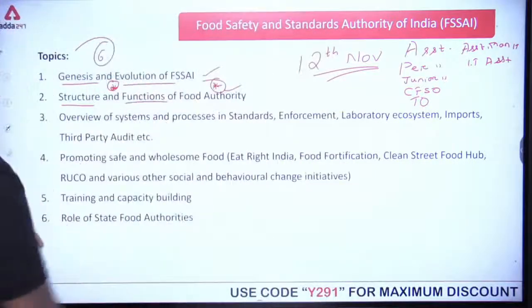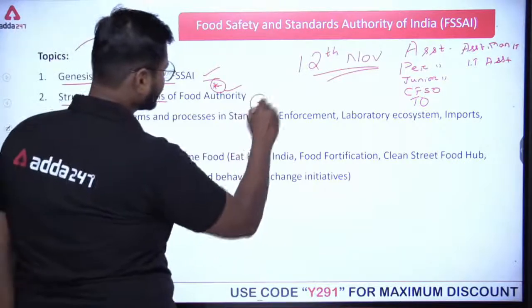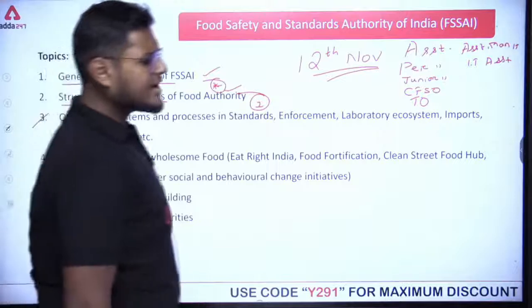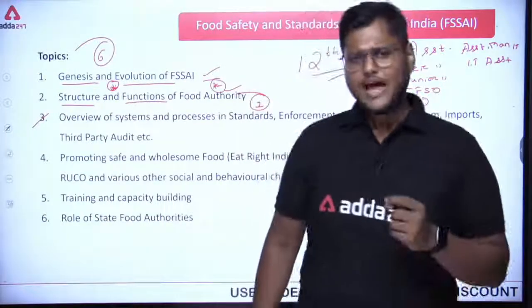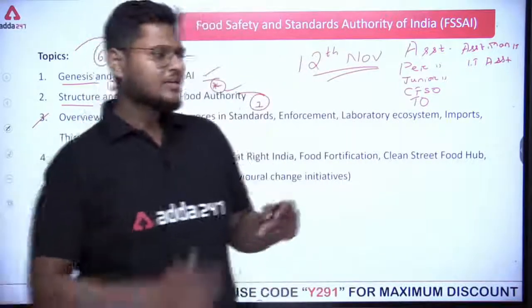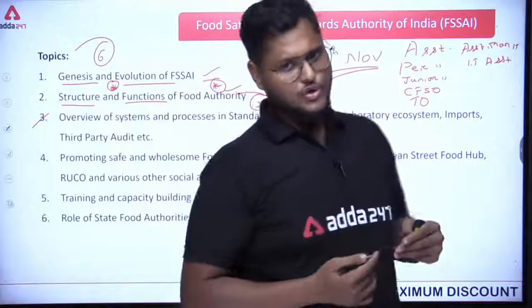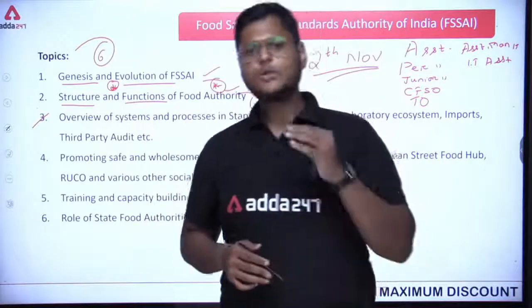performs. The third one is the overview of systems and processes, in number 1, standards. What exactly is standards here? Whenever we are doing some work, we always have some limits and standards. Similarly, whenever we are analyzing the safety of food, or what kind of food is available in the market, we always have a standard.